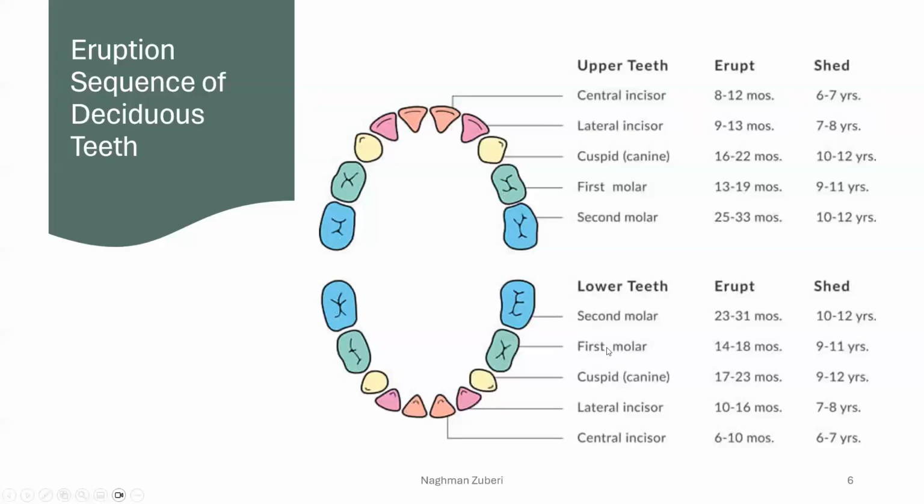And then come the mandibular first molars, 14 to 18 months, and the maxillary first molars, 13 to 19 months. Then the canines: mandibular canine, 17 to 23 months, and the upper canine, which may erupt before the lower canine, 16 to 22 months.